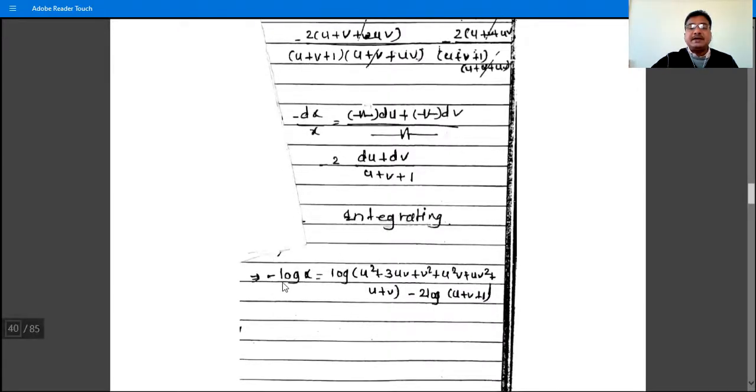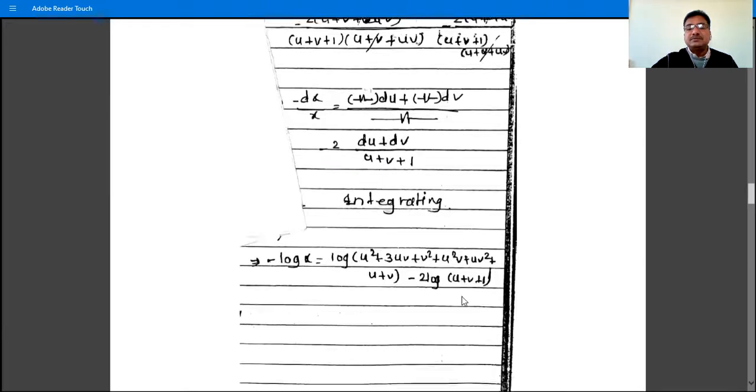So the integration is minus log x, and the integration of this is what? Log of the denominator, log of u square plus 3uv plus v square plus u square v plus uv square plus u plus v minus 2, and log of this, the derivative of u plus v plus 1 is du plus dv.